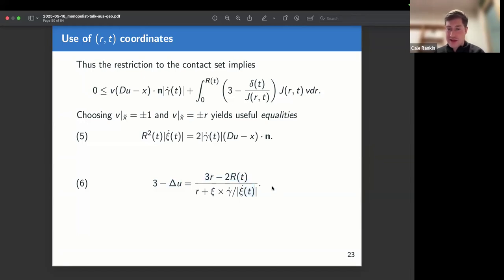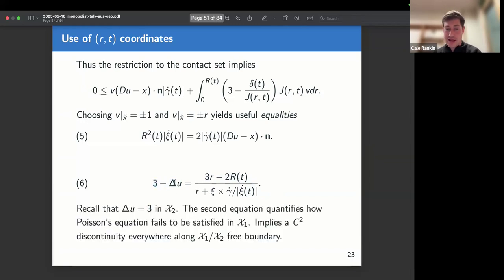This is a very useful and very easy to understand equation, because remember that in x2, the region where you're strictly convex, we have Laplacian u is equal to n plus 1, i.e. in 2 dimensions, Laplacian u is equal to 3. So this thing tells us how far off we are from satisfying Laplacian u equals 3, because we can see that, for example, at the endpoint where little r is equal to capital R, we have 3 minus Laplacian u is non-negative, well, positive, so that Laplacian u is strictly greater than 3.